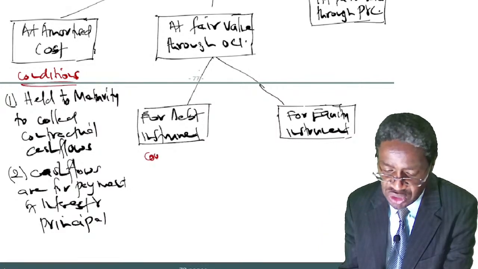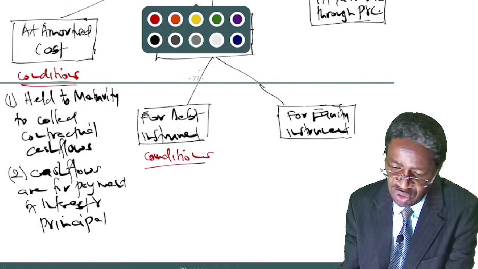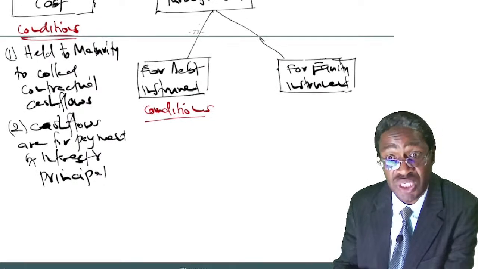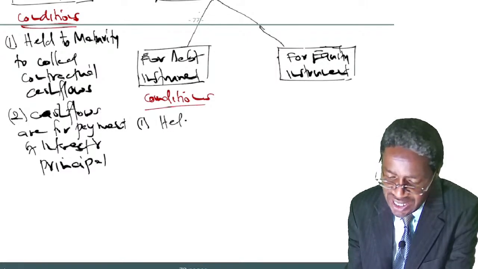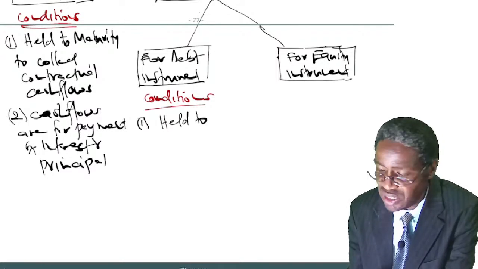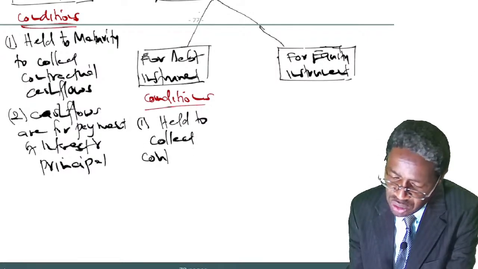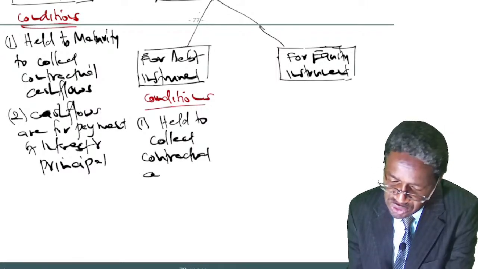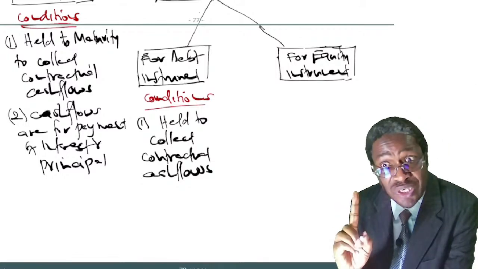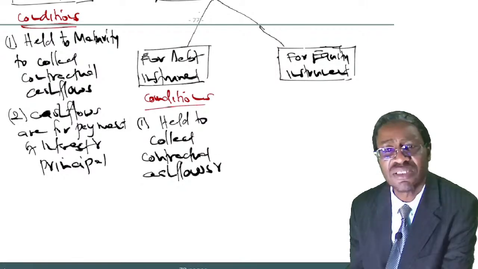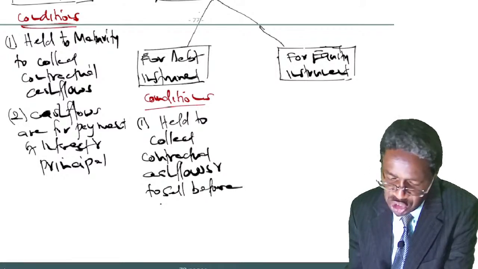That means the conditions are, number one, that the financial asset is one that is held to collect contractual cash flows, and I want to add something there: to collect contractual cash flows and to sell before maturity.